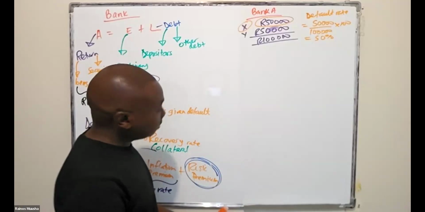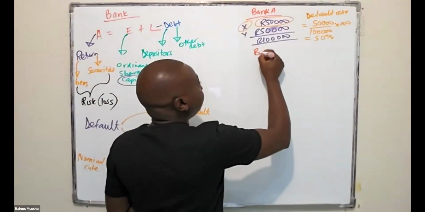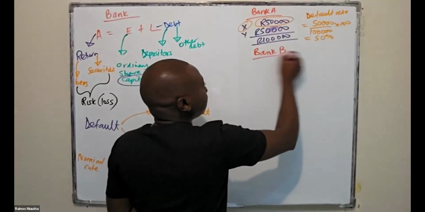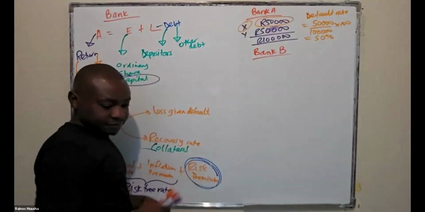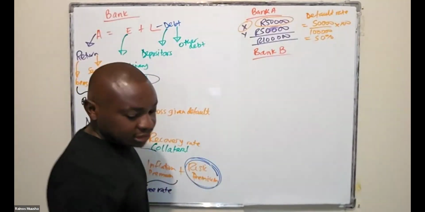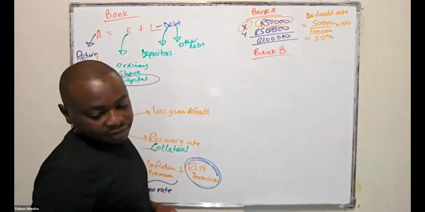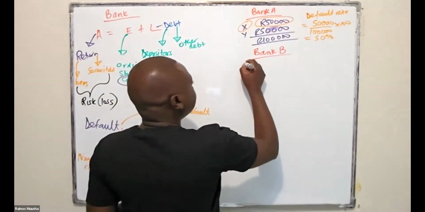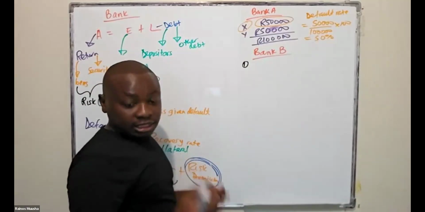Now, let's look at, for example, your bank B. For bank B, they decided that they are going to give each customer 10,000.